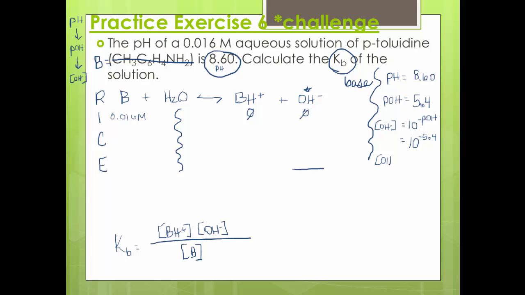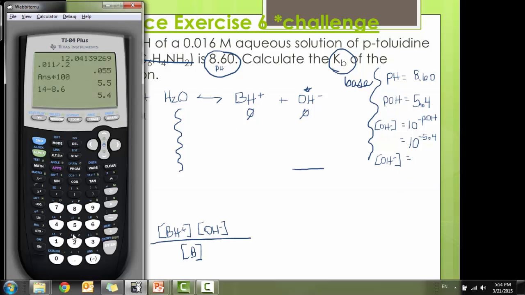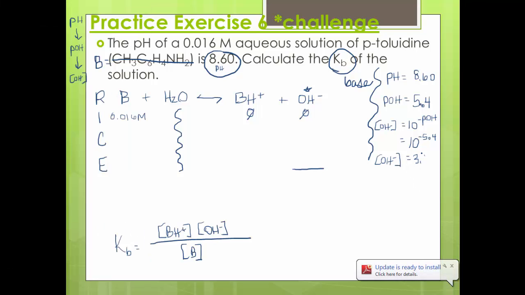So let's calculate our OH concentration in our calculator. 10 raised to the negative 5.4. 3.98 times 10 to the negative 6. Okay, so this is our OH concentration. This is what I'm going to plug in here in my rice table. 3.98 times 10 to the negative 6.